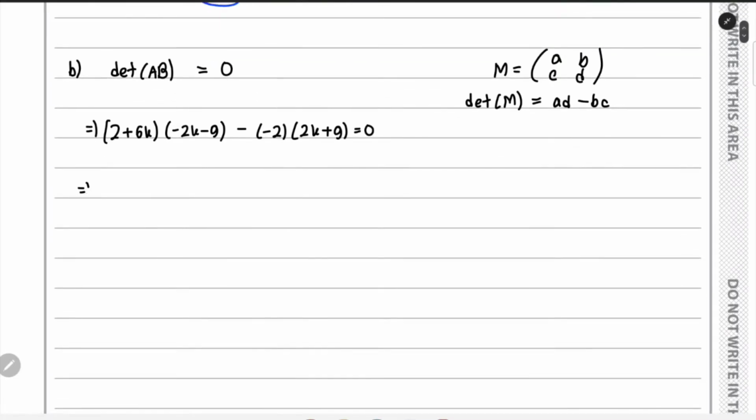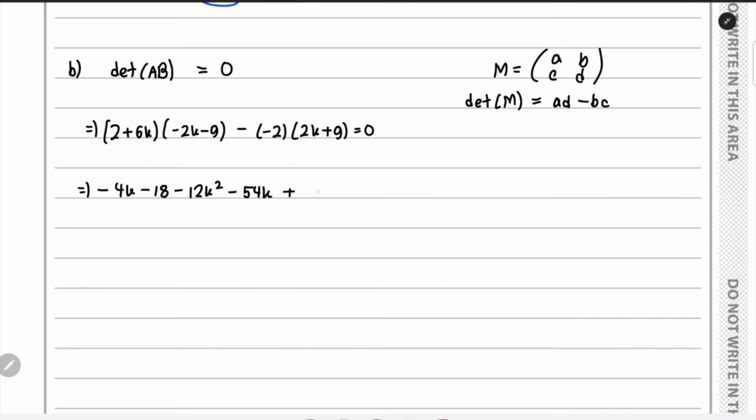Now I'll get a quadratic equation from here. Multiplying this over here, I get 2 times minus 2k, which is minus 4k. 2 times minus 9 is minus 18. Then I have 6k times minus 2k, so minus 12k squared. And finally I have 6k times minus 9, which is minus 54k. And then I have this term over here. Minus minus 2 is plus 2.